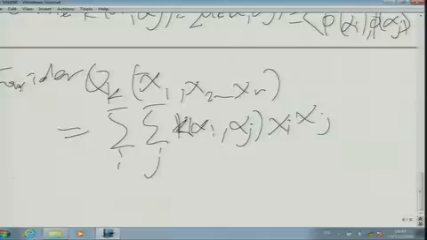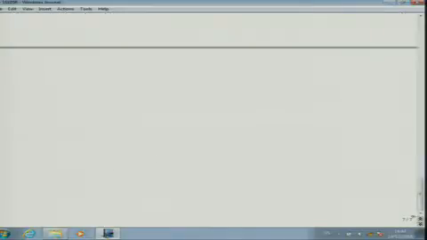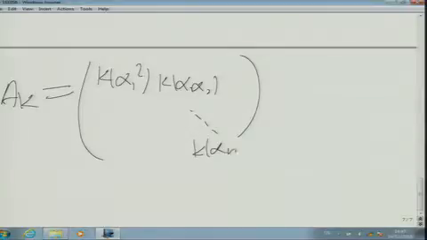And our goal is to prove that this quadratic form is positive definite. So we consider its associated matrix, the quadratic form's associated matrix, which we call A_K, as K(alpha_1 squared), K(alpha_1 alpha_2) to K(alpha_n squared).